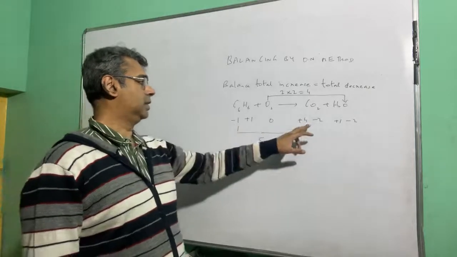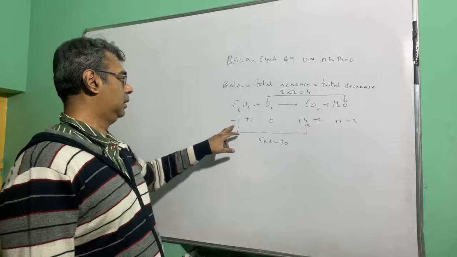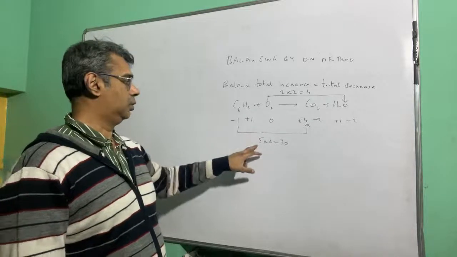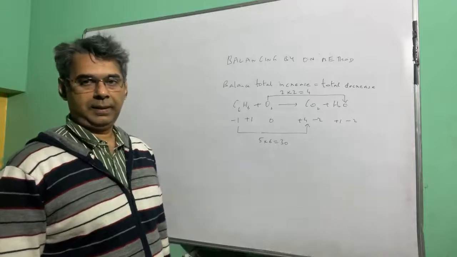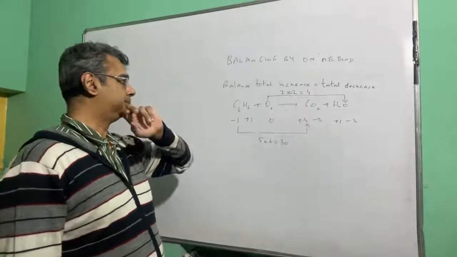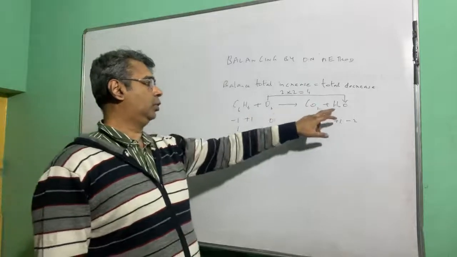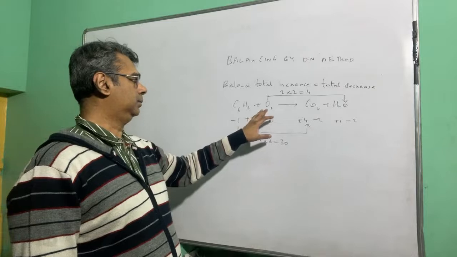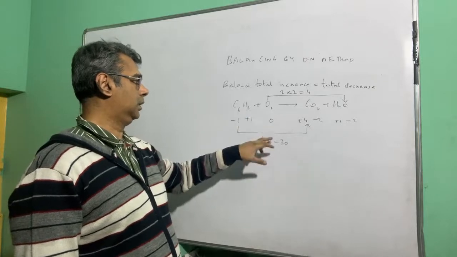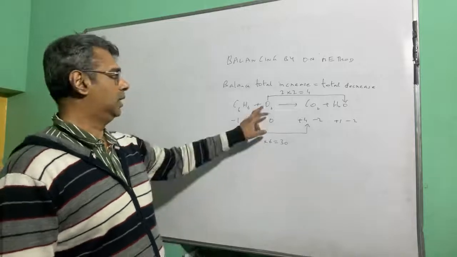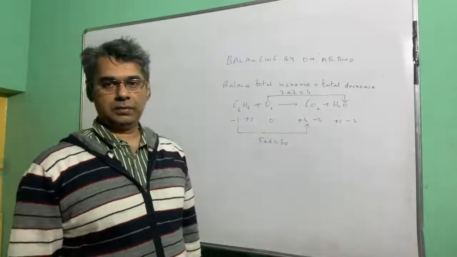So from C6H6 to CO2, the increase is 5, but there are 6 carbons, so total increase is 5 times 6, that is 30. Then from O2 to H2O, the change is 0 to -2, so decrease of 2, but there are 2 oxygens, so total decrease is 4.